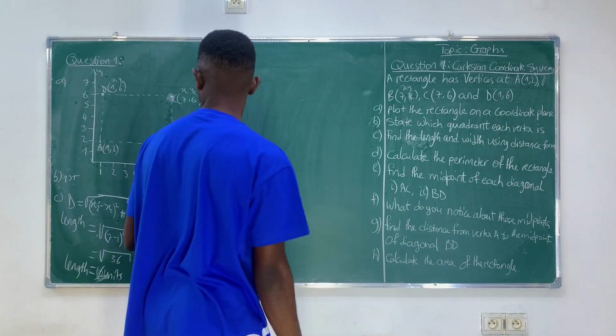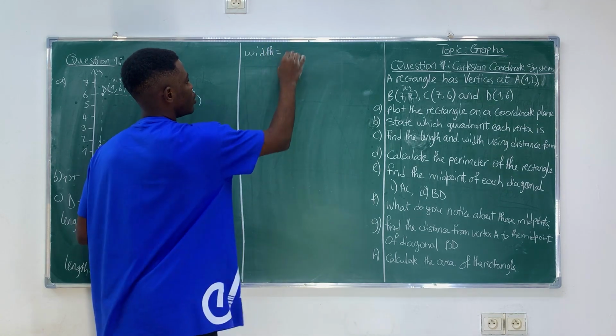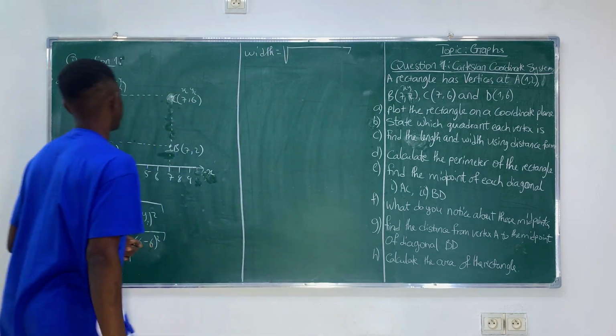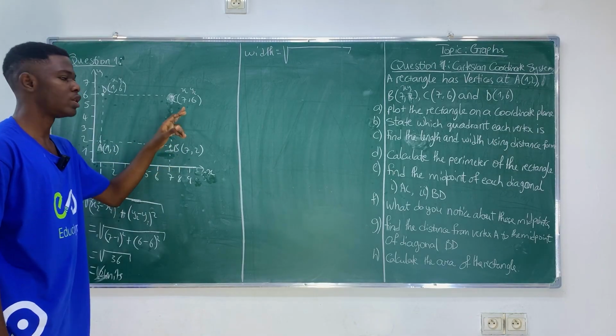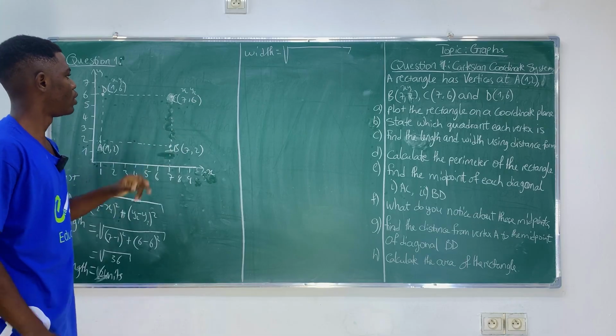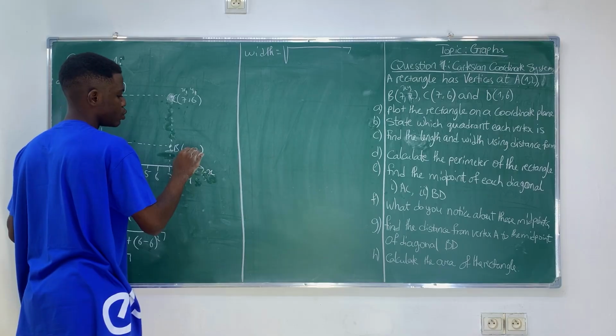Okay, let's calculate the width now. The width is going to be the square root of... I'll take this point and this point to calculate the width. So this will be my x1, y1, and this will be my x2, y2.